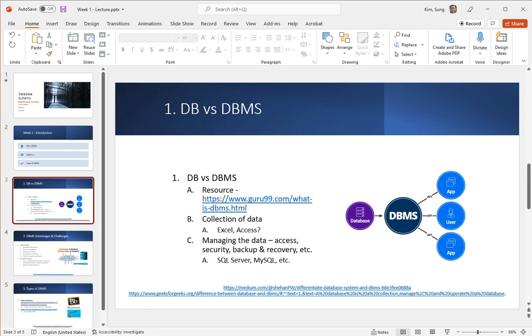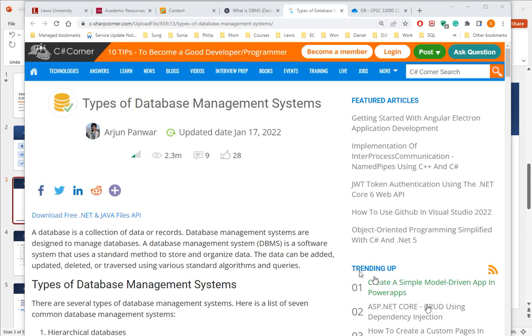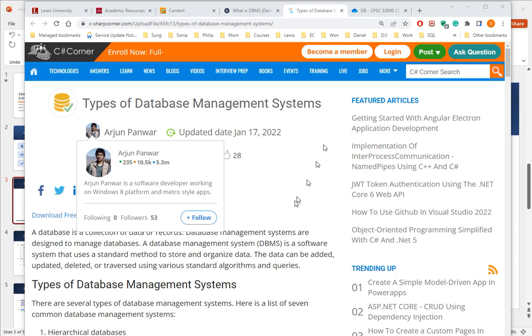So in terms of database versus database management systems, or simply database systems, the distinction can be broadly made in general terms in a couple different ways. But I thought it would be helpful for you to look at this particular resource. So let me bring that up for a second. When you click on that link, this gives you types of database systems.